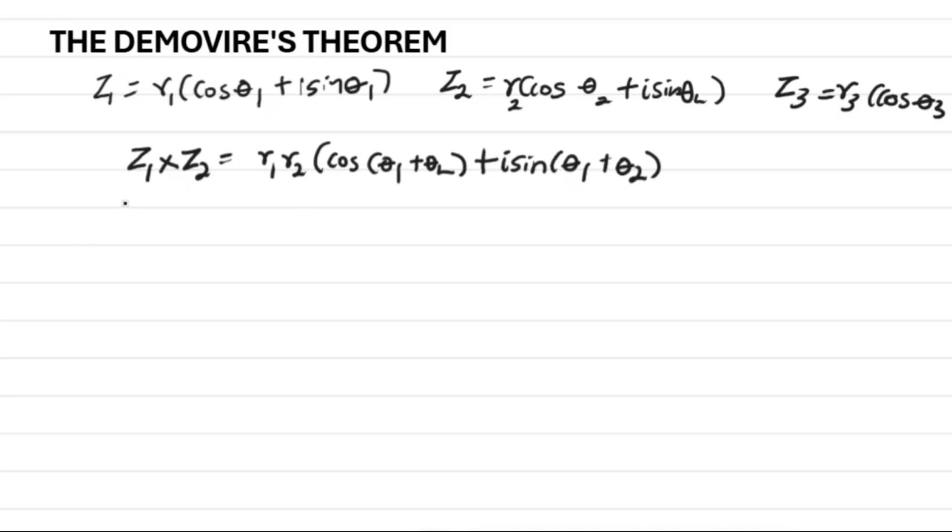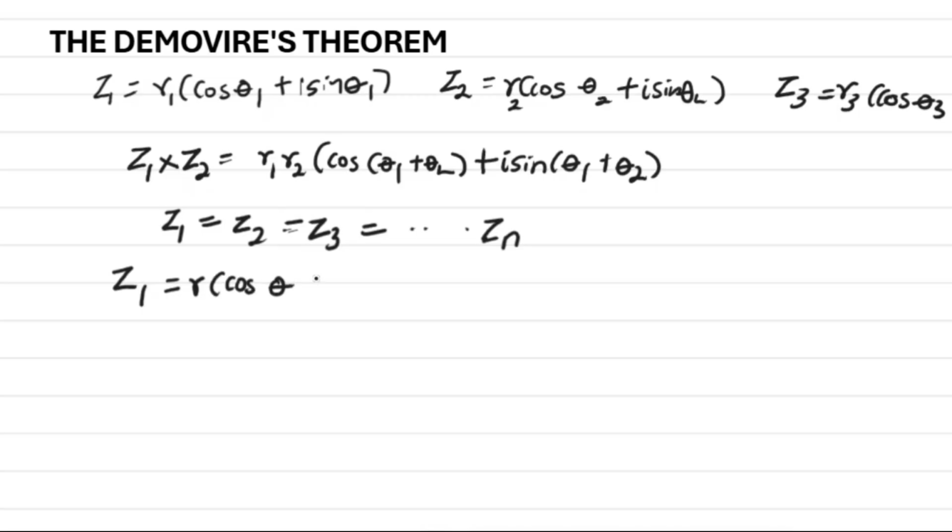So what if z1 is equal to z2 and is equal to z3 and so on, down to zn, assuming any value of n? It means that we can represent this general form: z1 is r cos theta plus i sine theta.